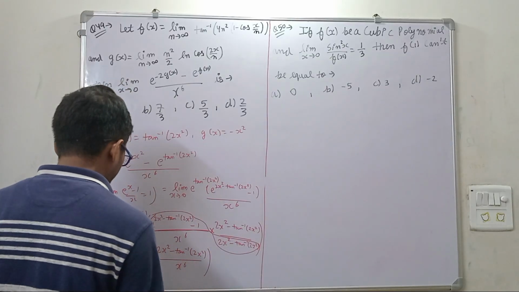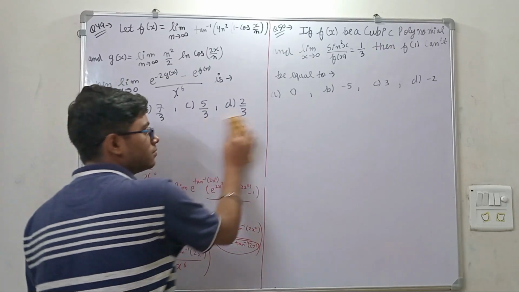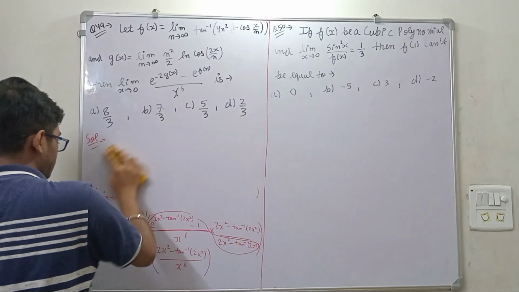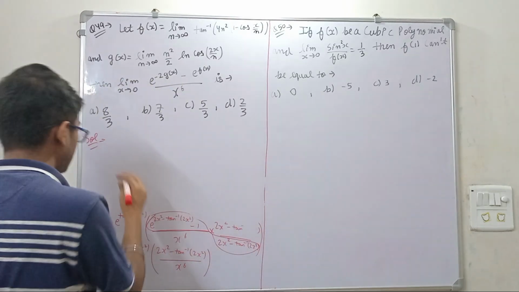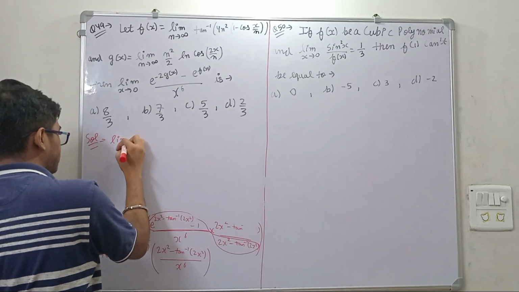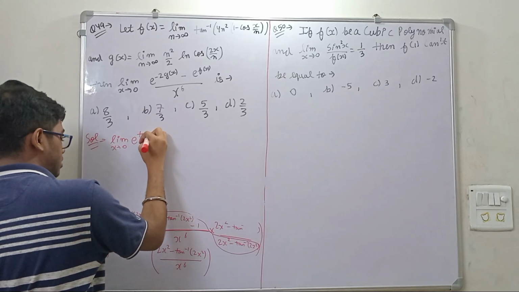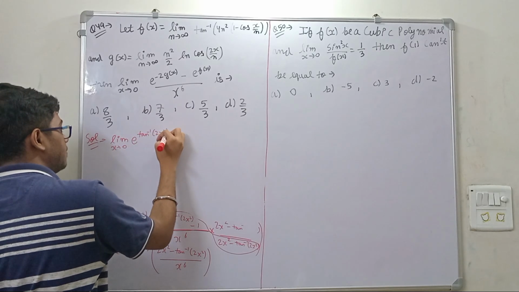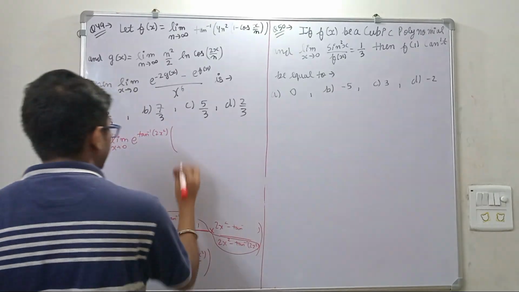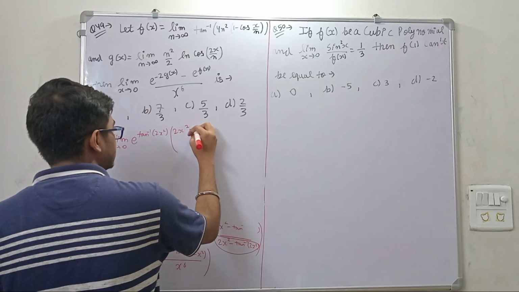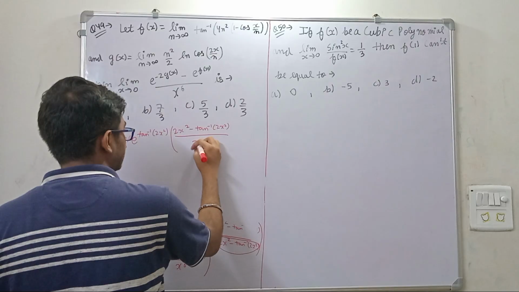So now applying the L'Hopital rule here, limit x tends to 0, e to the power tan inverse 2x square, and now applying the limit on 2x square minus tan inverse 2x square upon x to the power 6.